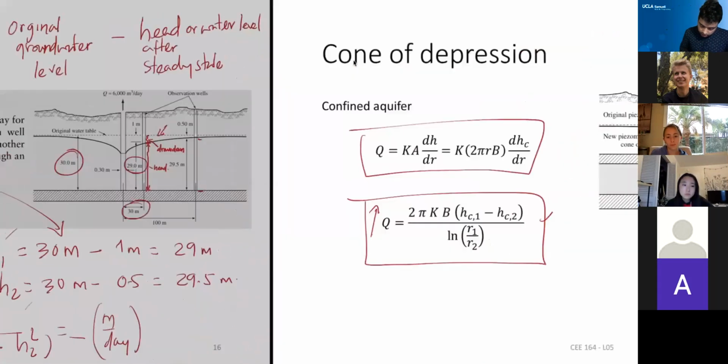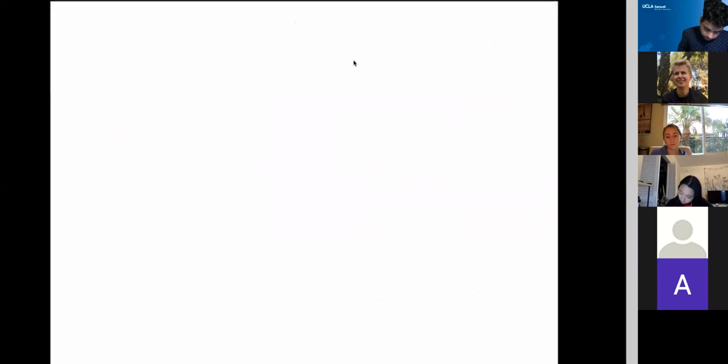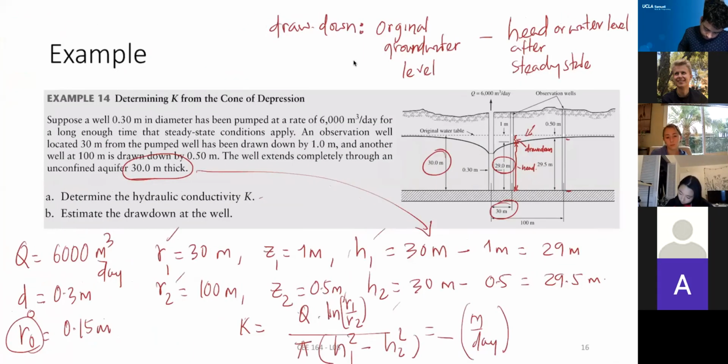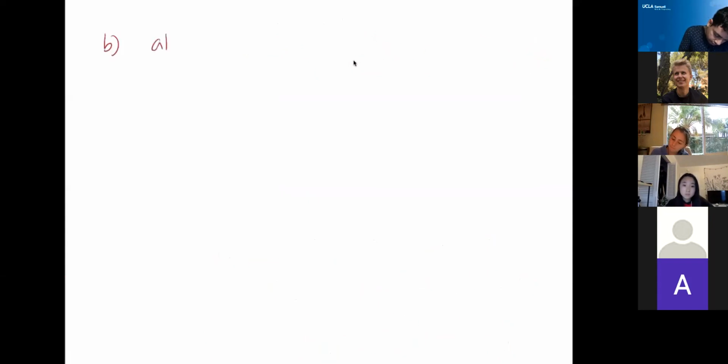So again, let me add a new page. Let's say one page, blank. So I ask you, part B, estimate the drawdown. So that means at R0, what is the G0?